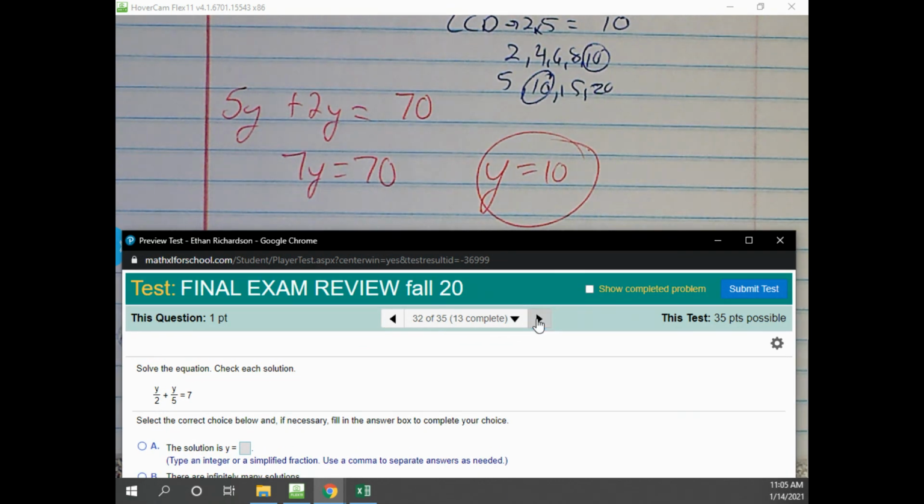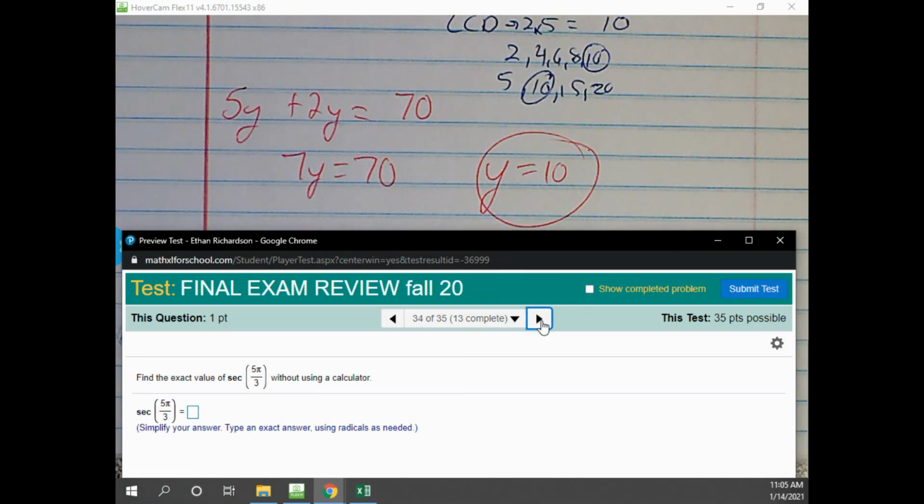All right, and last question of the year. Find the value of secant of 5 pi over 3 without using a calculator. Okay, which means if you got your sheet that we did in class that day where we filled this out, secant of 5 pi over 3 was probably on there. If not, we'll walk you through what to do here.